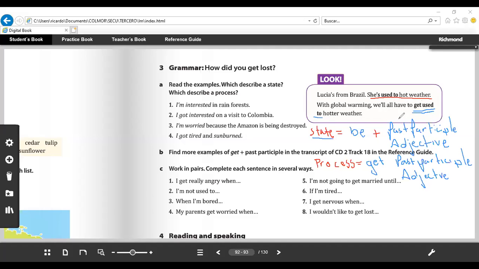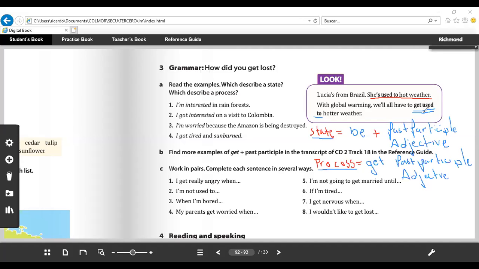But in the process, if we continue messing up with the earth, we're going to have to get used to the hot weather. So this means that this is the process. This one right here is already used to, and this one we have to get used to. It's going to be a process.